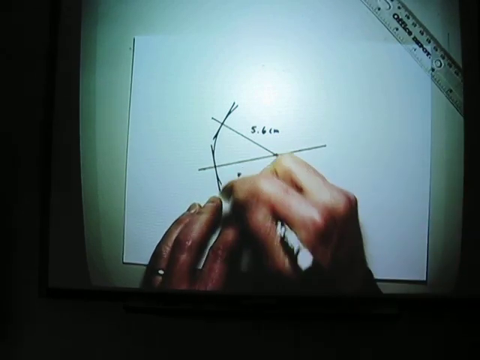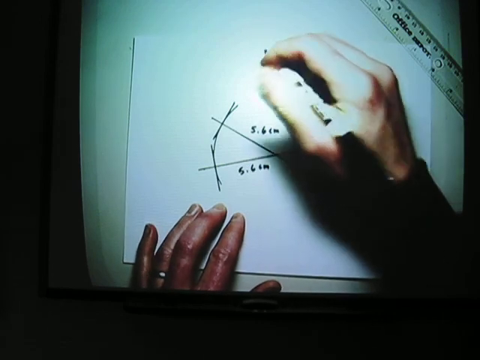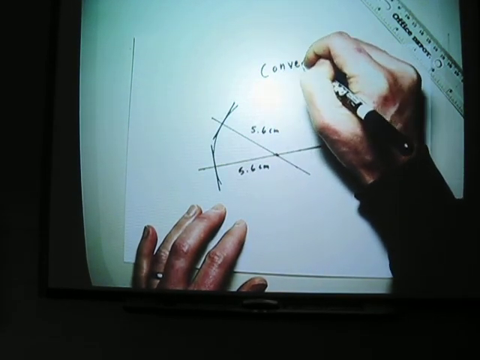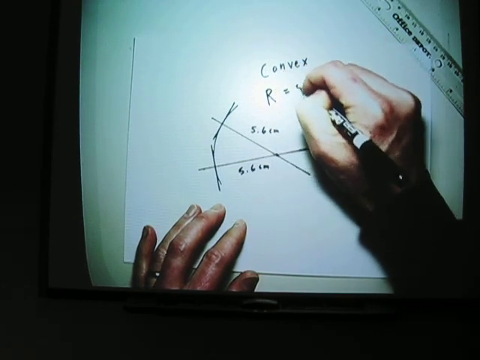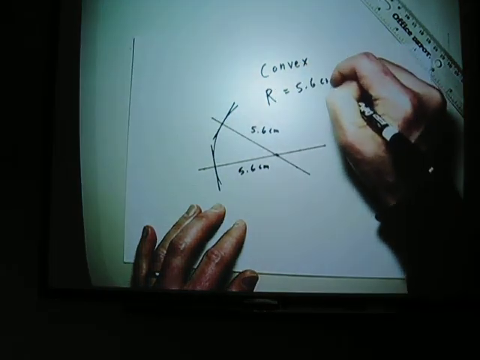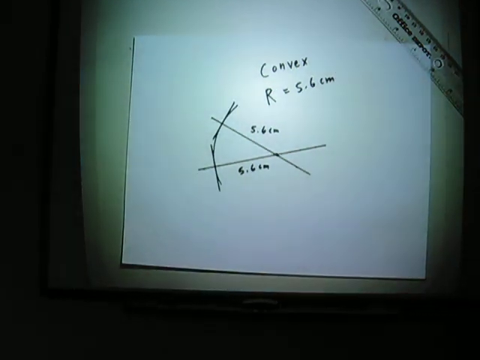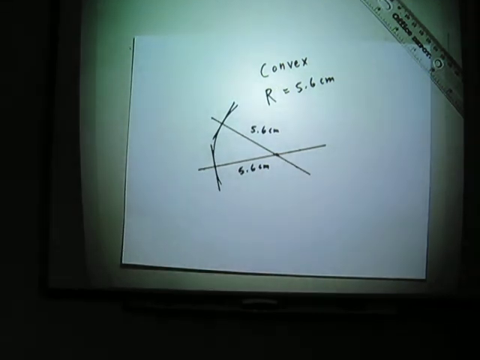Okay, so again, for the convex mirror, the R is around 5.6 centimeters. Okay, and now you can calculate the theoretical focal length for the convex mirror just by dividing that value by 2. All right, great. So now you should have all the data that you need for that particular table.